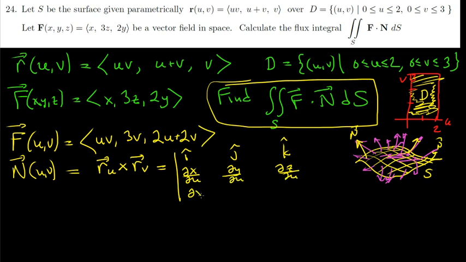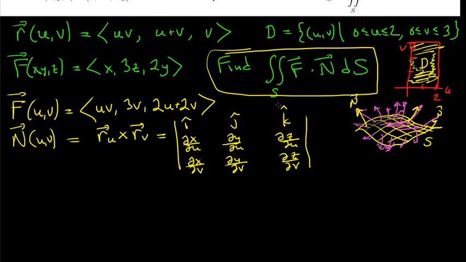The last row is the partial of x with respect to v, partial of y with respect to v, and partial of z with respect to v. That's just the cross product. Now we can do this. Let's write it out specifically, so this is my x, this is my y, this is my z.